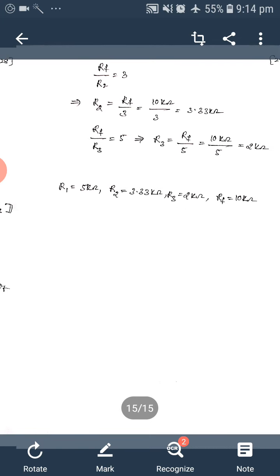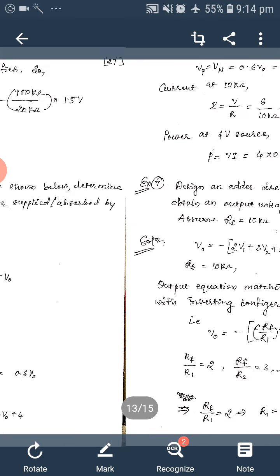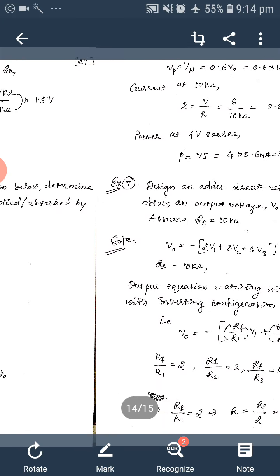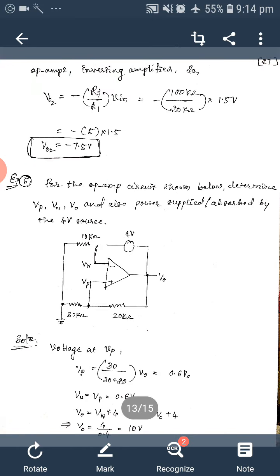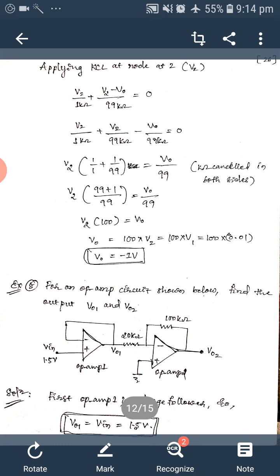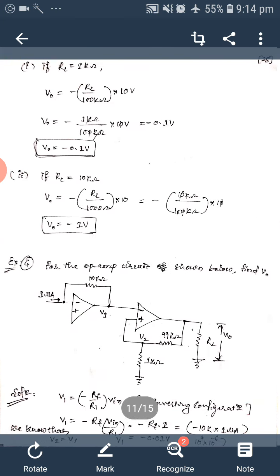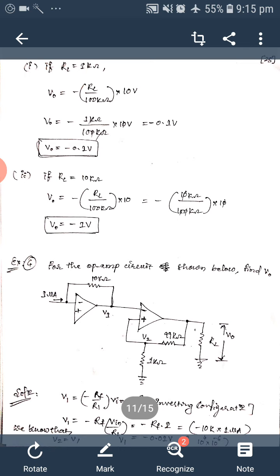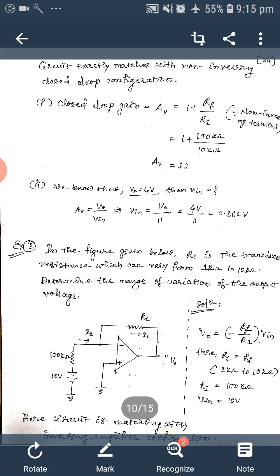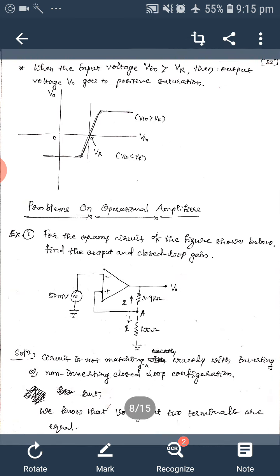So today we have seen different problems with respect to the adder and other circuits, other than the standard circuits like non-inverting and inverting amplifiers. Here two op amps are cascaded: one is a standard op amp and one is a non-standard op amp, cascaded with the inverting and non-inverting amplifiers.